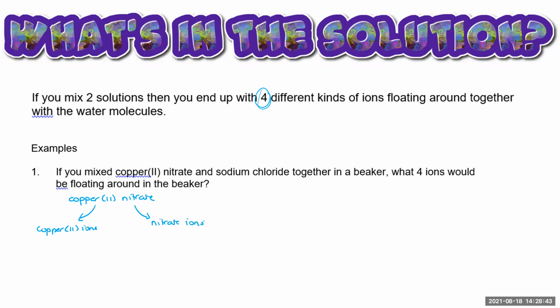So that's two of the ions that are in the beaker. And then sodium chloride. Let's work out what sodium chloride is made of. So sodium chloride is made of sodium ions and also chloride ions.